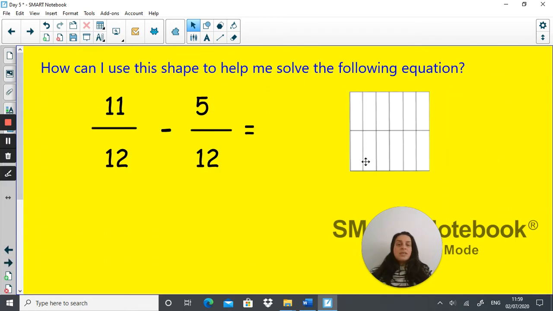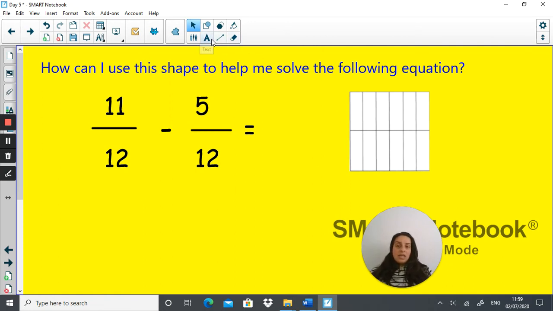So how can I use this shape to help me solve this question? Here we have a square that's been split into 1, 2, 3, 4, 5, 6, 7, 8, 9, 10, 11, 12 equal parts. How can I use this to help me?